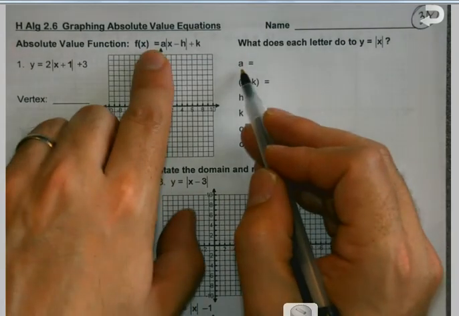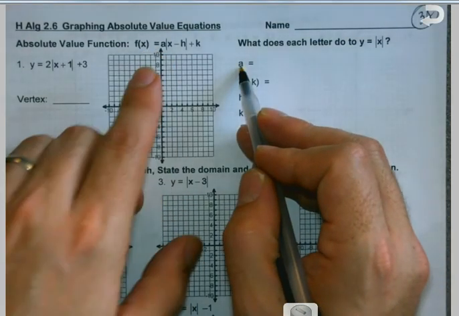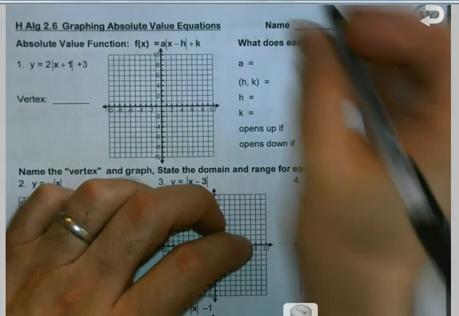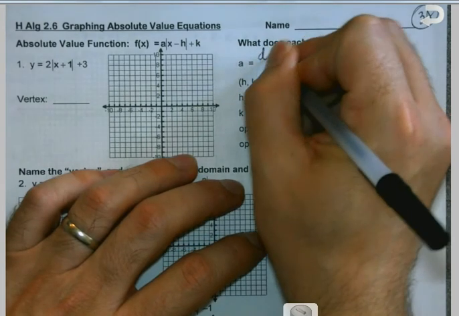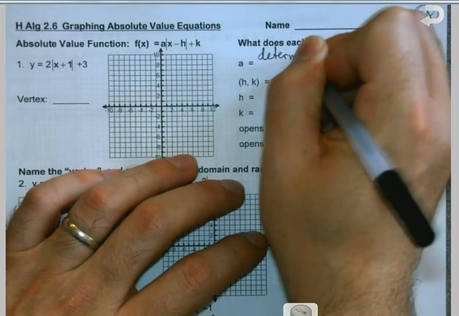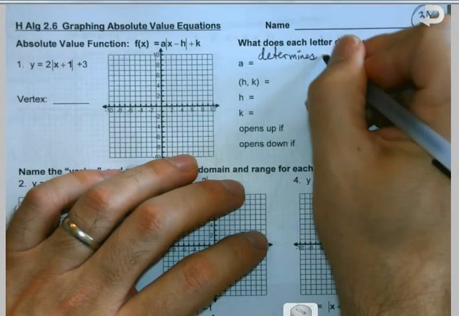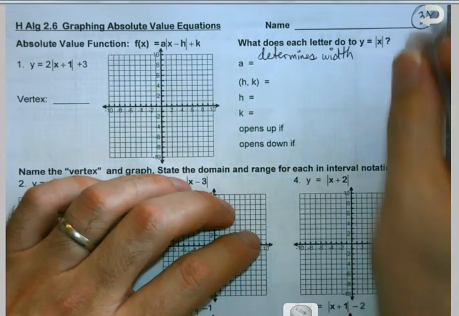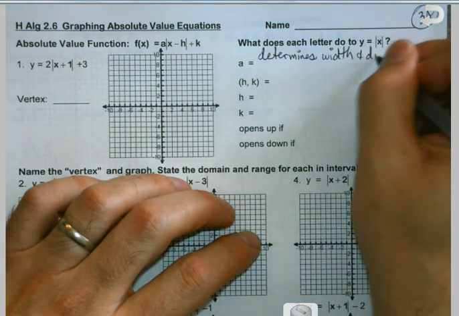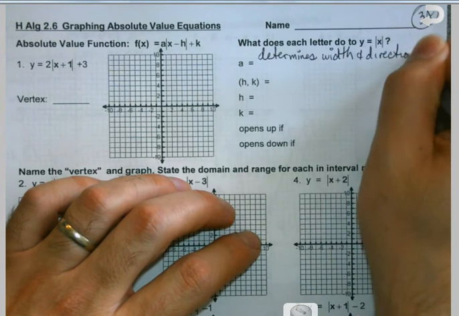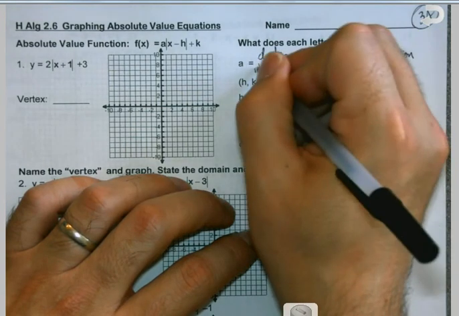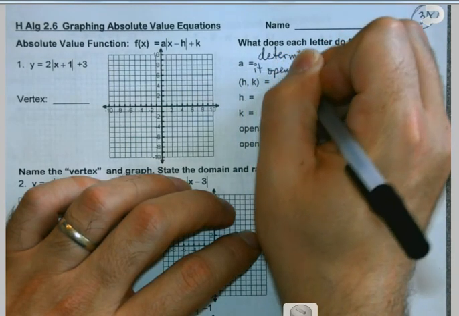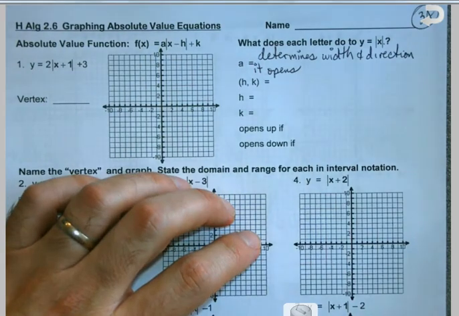My A value kind of looks like my coefficient out front. It's going to determine the width of our graph, whether it's skinny or fat, and the direction it opens. Now, I know some teachers do this.